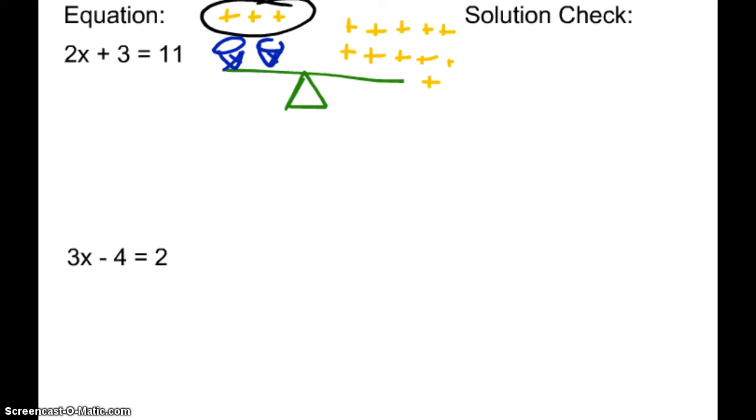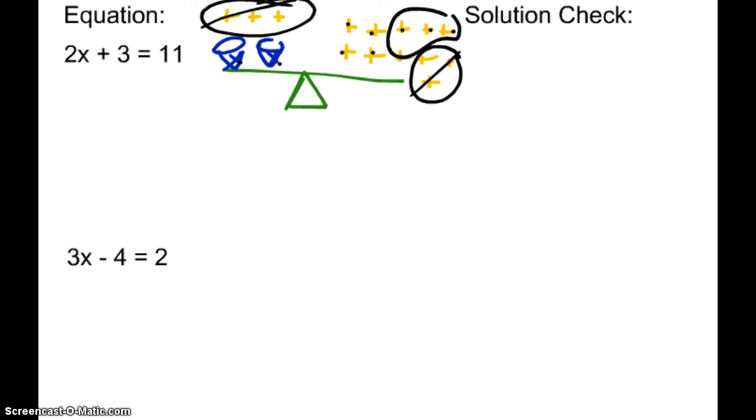What we would have done is removed or added 3 negatives here, and either subtracted or added negatives to each side. So now we have 2 x's, and then we have 8 positives. So what you're actually doing is dividing 8 by 2.